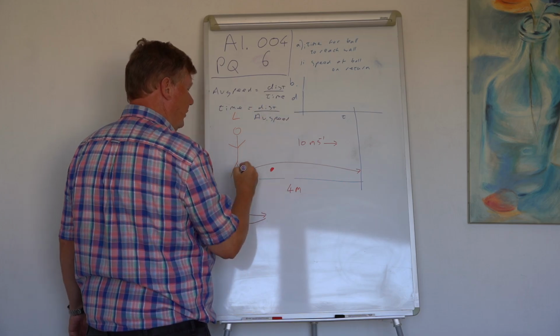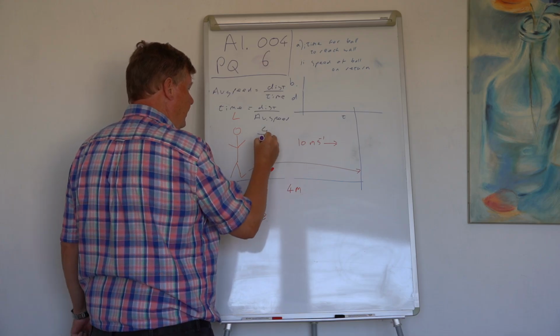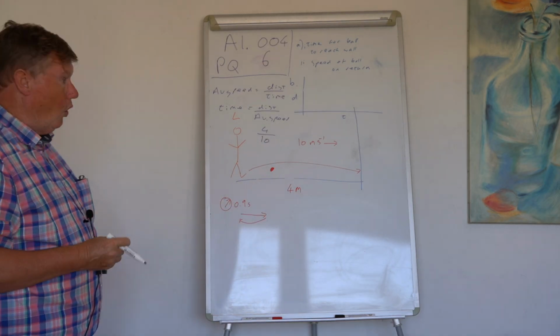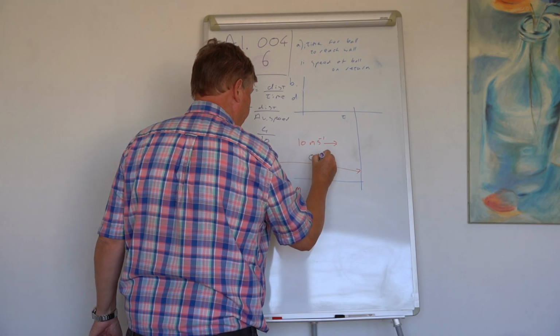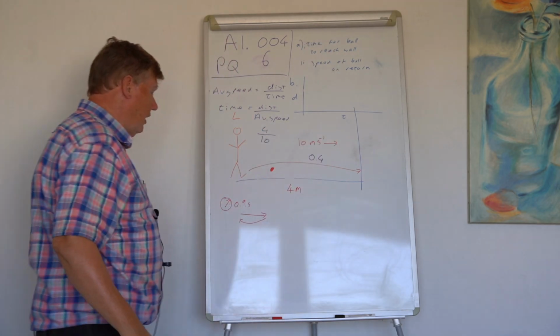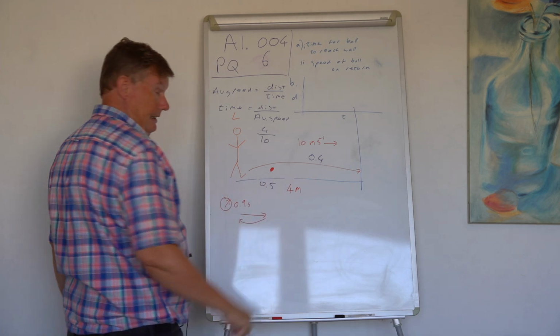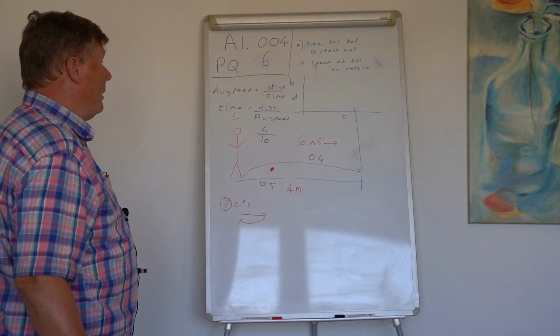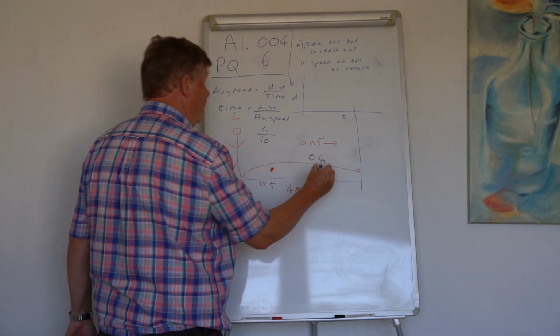We know the distance travelled, it's 4 metres, and we know the average speed, it's 10. And 4 divided by 10 is 0.4 of a second, which obviously means that it must be 0.5 of a second coming back. The time for ball to reach wall, answer 0.4 seconds.